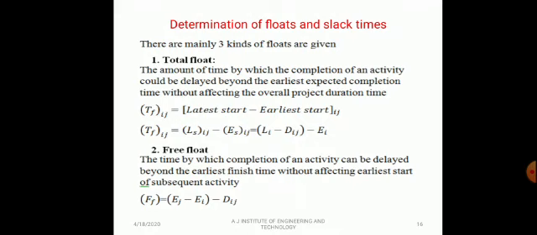For each activity in the network, total float is equal to latest start time minus earliest start time, or latest finish time minus earliest finish time. Both are the same.